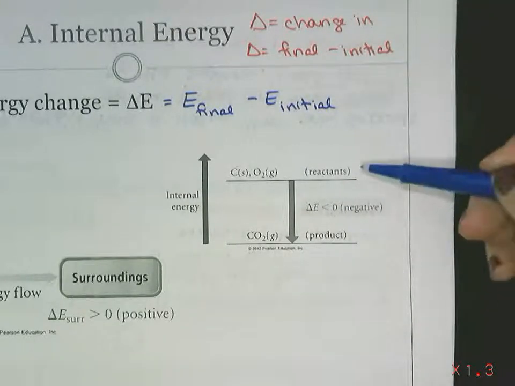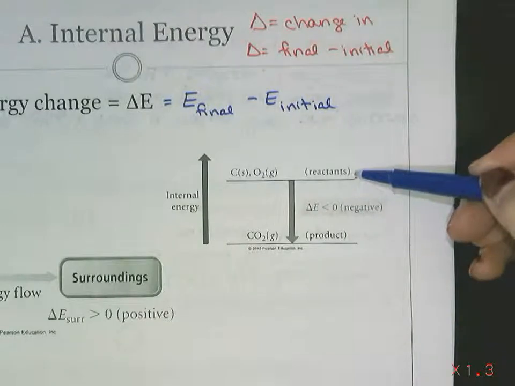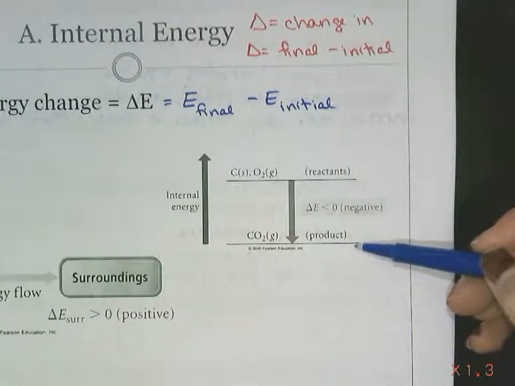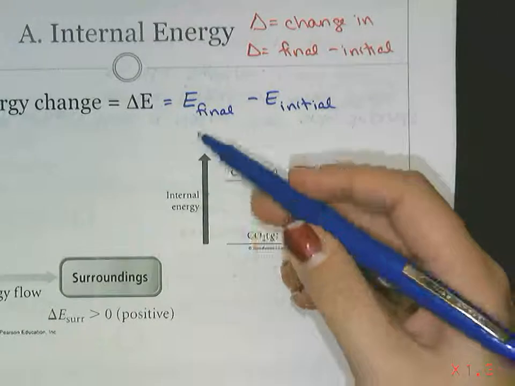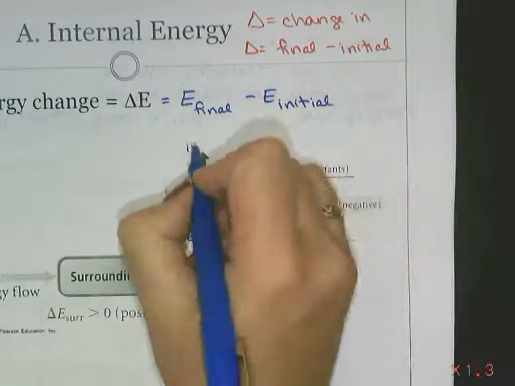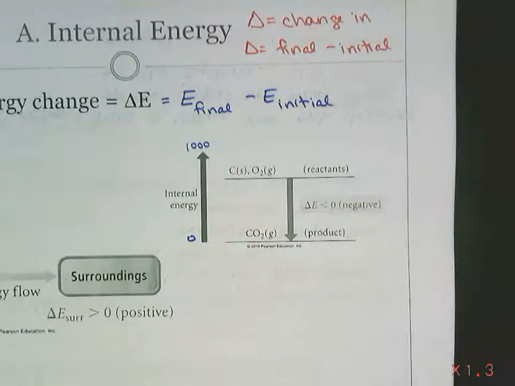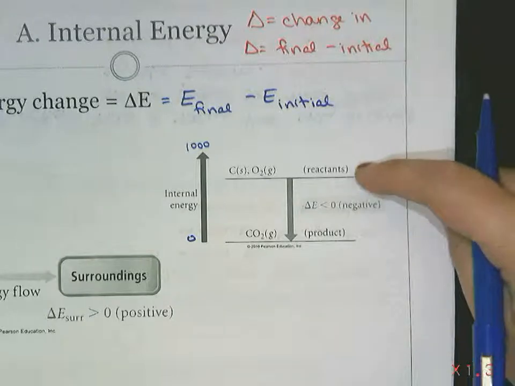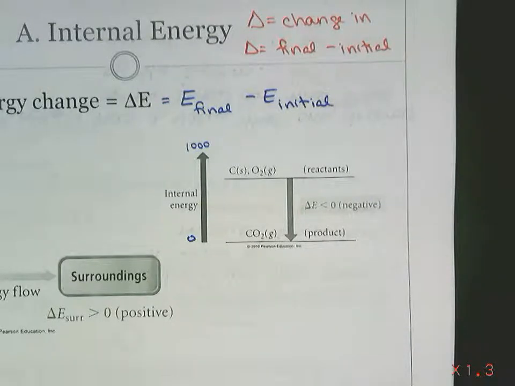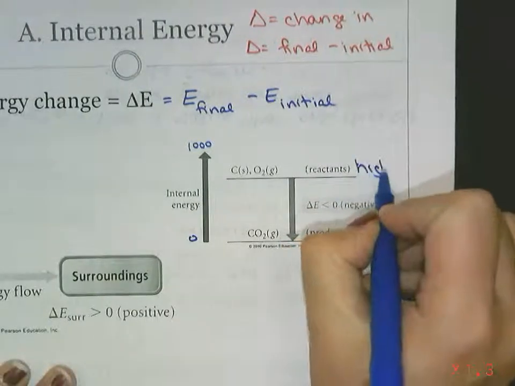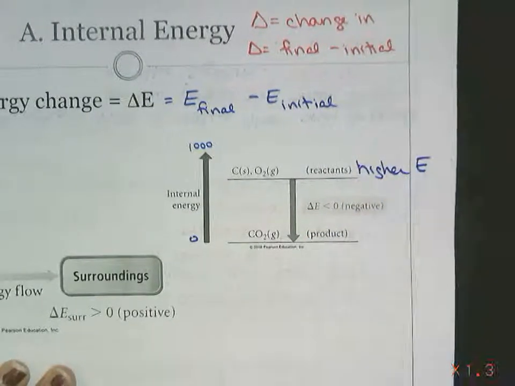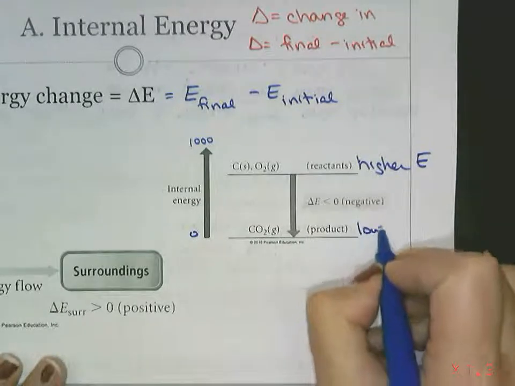Which is of higher energy, the reactants or the products? If the energy is going from 0 to, we'll say 1,000, which one's higher energy? Which one's closer to 1,000? Right? The reactants are higher energy. And these guys are lower energy.